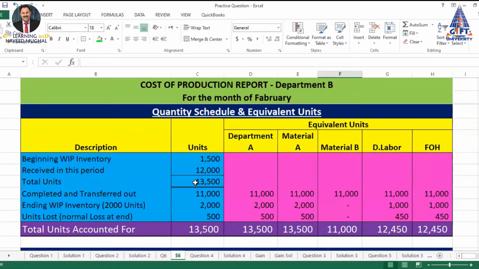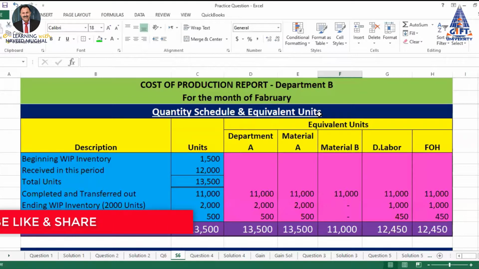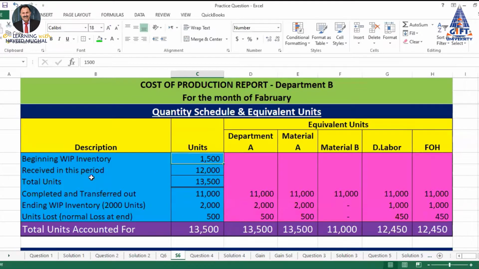First of all, we will calculate the quantity schedule and equivalent units. For the quantity schedule, beginning work in process inventory given to us is 1,500. Received in this period are 12,000. Total units are 13,500. Completed and transferred out are 11,000. Ending work in process inventory is 2,000.